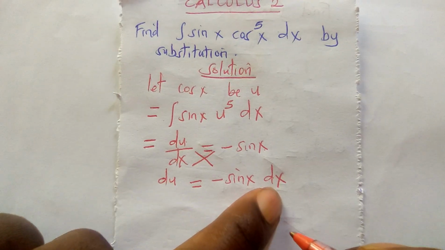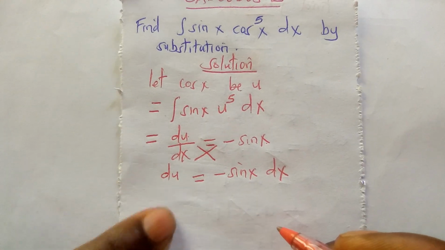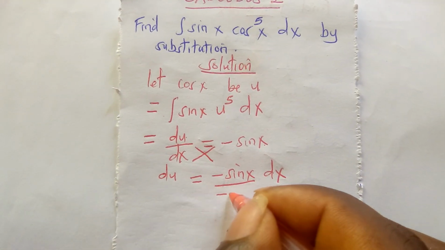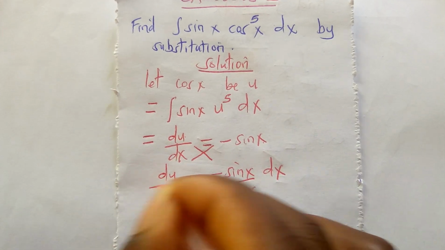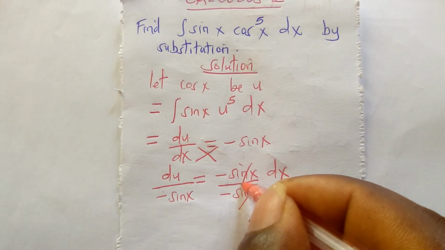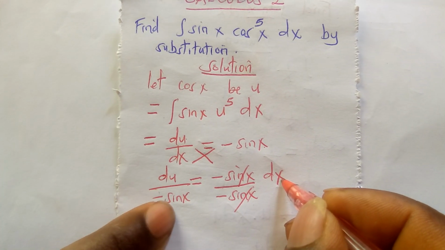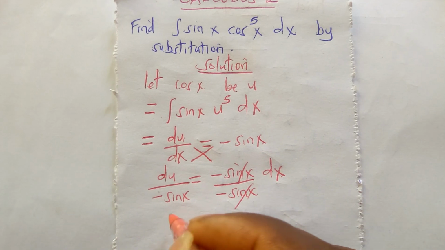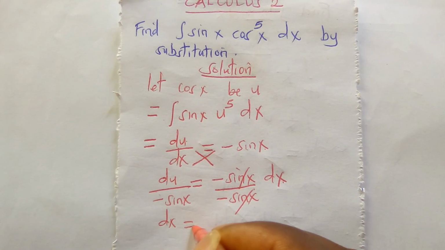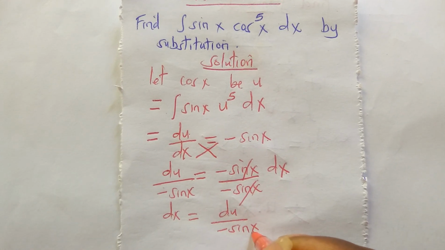But I want this dx, and therefore I'll divide by negative sine x on both sides, such that this one goes, then I remain with dx is equal to du over negative sine x. So that's what I write. So dx finally is equal to du over negative sine x.